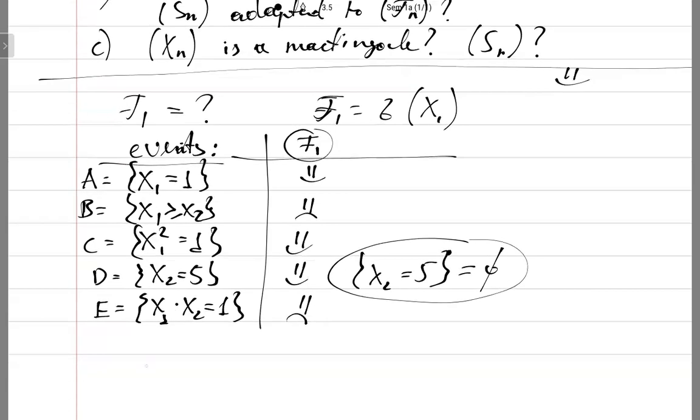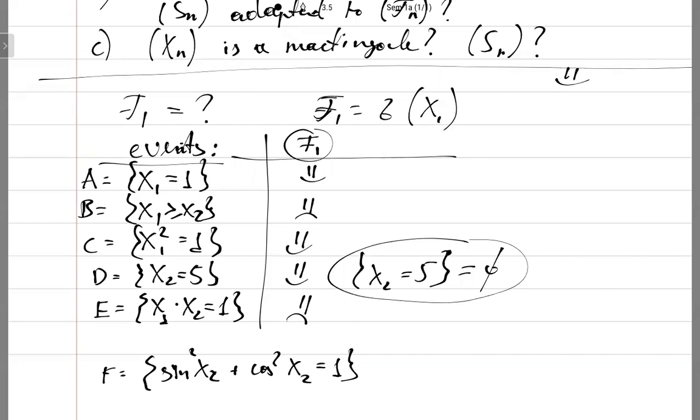So if I consider an event like sine of x2 squared plus cosine of x2 squared is equal to 1, from the first point of view, you see x2 is there, but I'm sure that this event will happen.